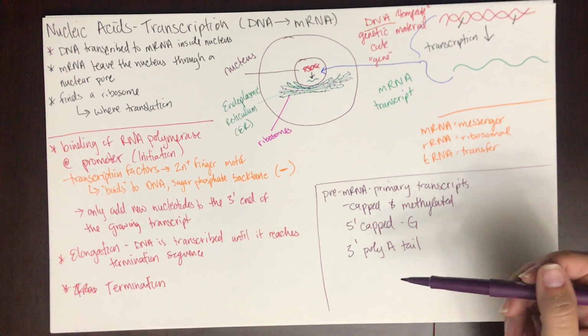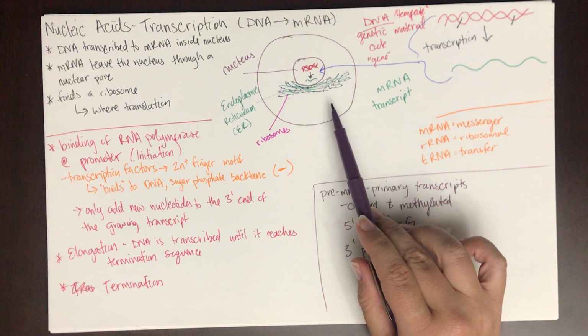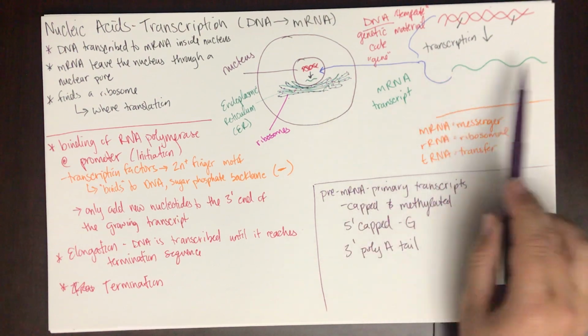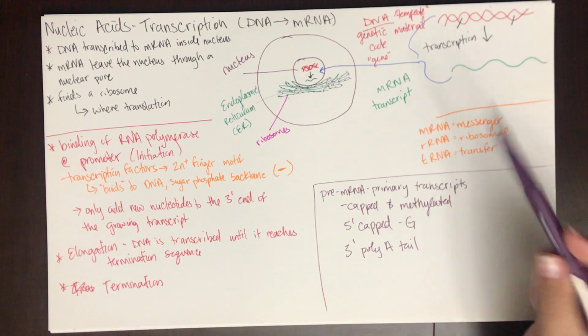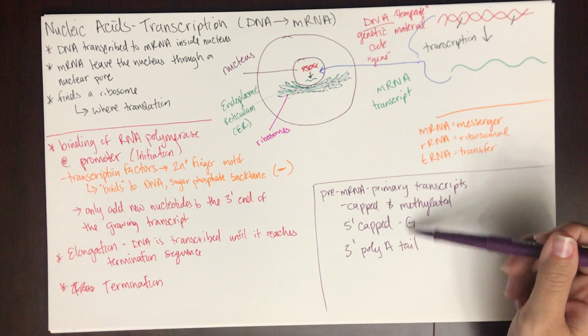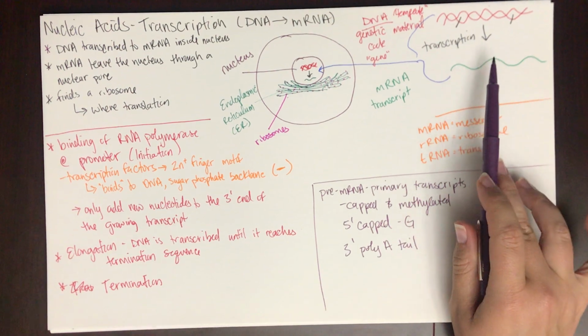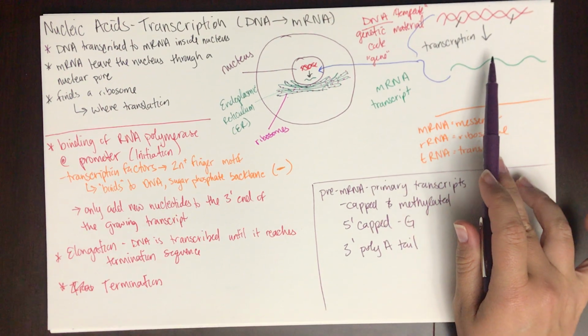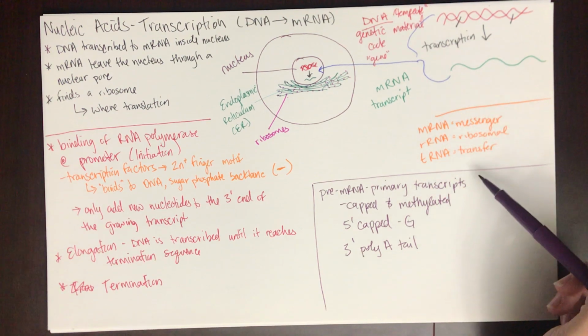It is thought to provide stability to the transcript, so when it leaves the nucleus, if anything were to happen to these transcripts, it would be at either of these ends, and it would interfere with the capping or the poly-A tail, but not necessarily damage the transcript. And then the transcript is going to go ahead and be translated.